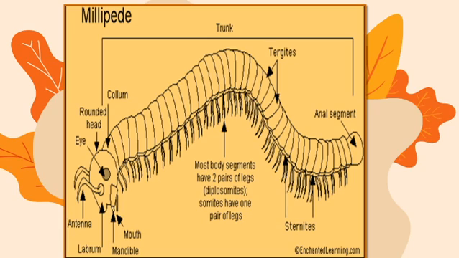After the head region, up to the end at the last portion of the anal segment, is called the trunk. Each segment, most body segments, has two pairs of legs. And the anal segment is at the back.